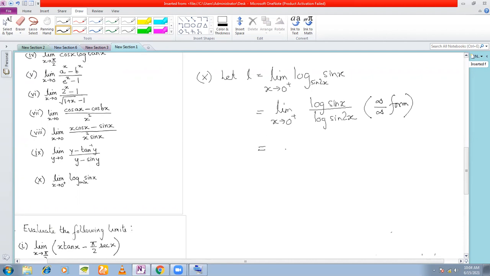So this is now differentiate by L'Hospital's rule.